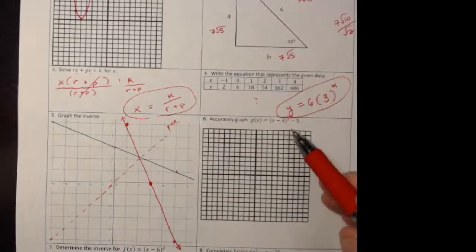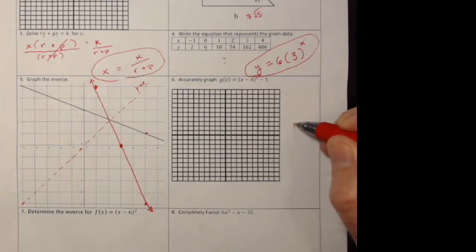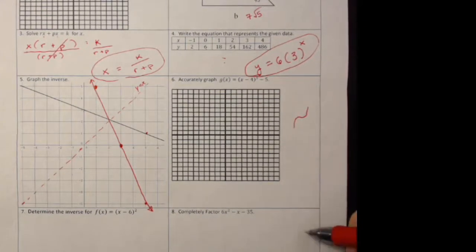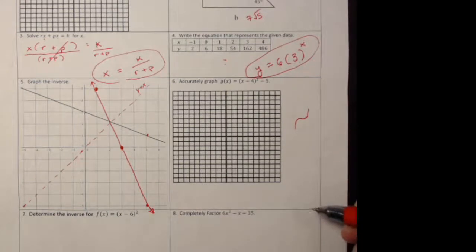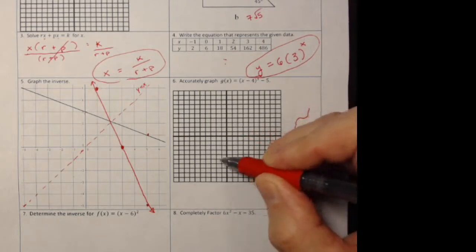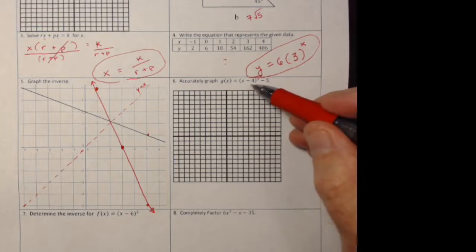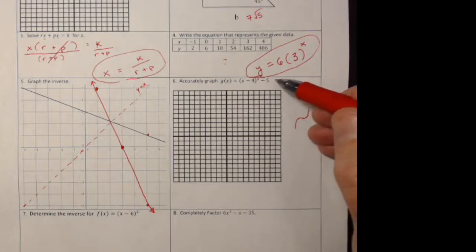Okay. This one is a cubic function. Cubic functions look like that. Okay. And they follow a 1, 7 pattern. So let's just see what's going on here. Here's our parent function. It would do this, and it would follow a 1, 7 pattern. But what's going on here? 4 to the right, 5 down.